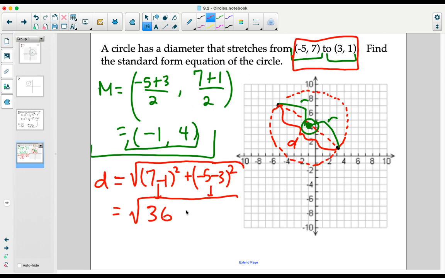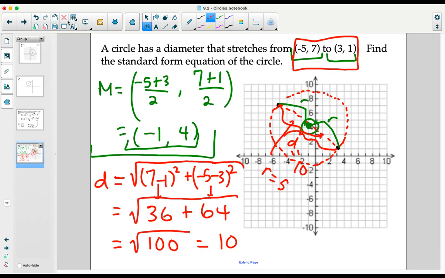This one turns into (−8) squared, which is 64, giving us a square root of 100, which is 10, meaning the entire distance across this circle is 10. If the diameter is 10, then we know our radius is 5, which is what we would have got had we gone from the midpoint to the outside.